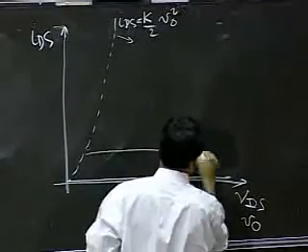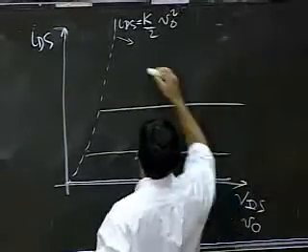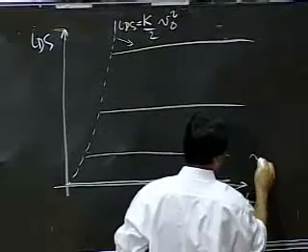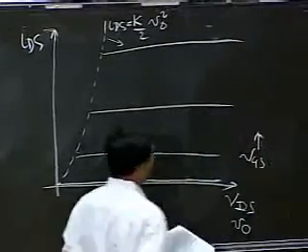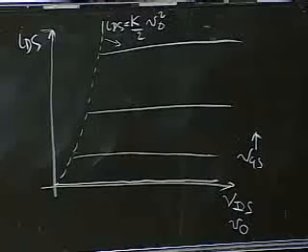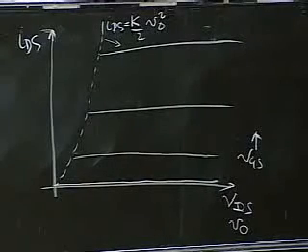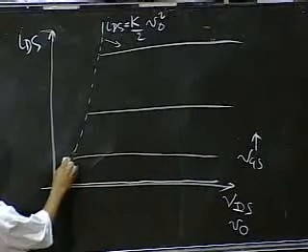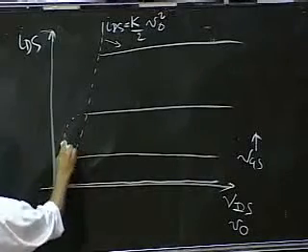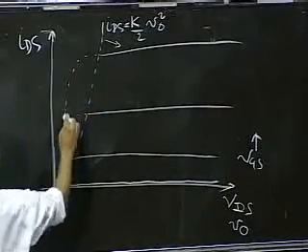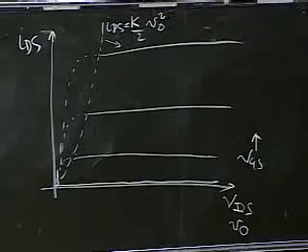So here are all my other curves for various values of VGS. So here are my device curves, IDS versus VDS. Remember that these curves kind of come down like this for the MOSFET, right?